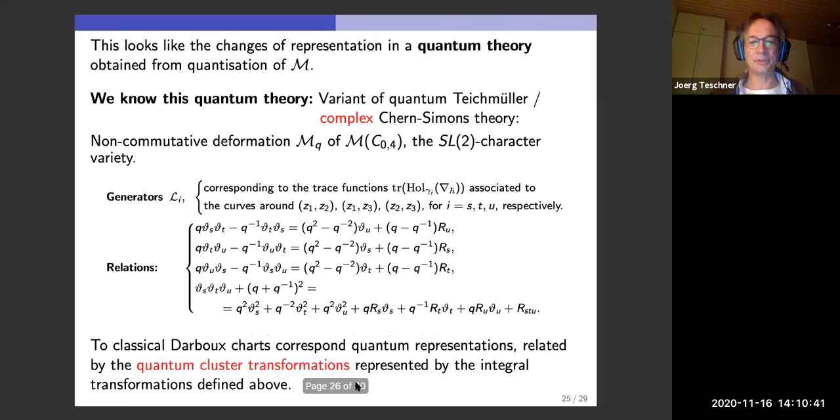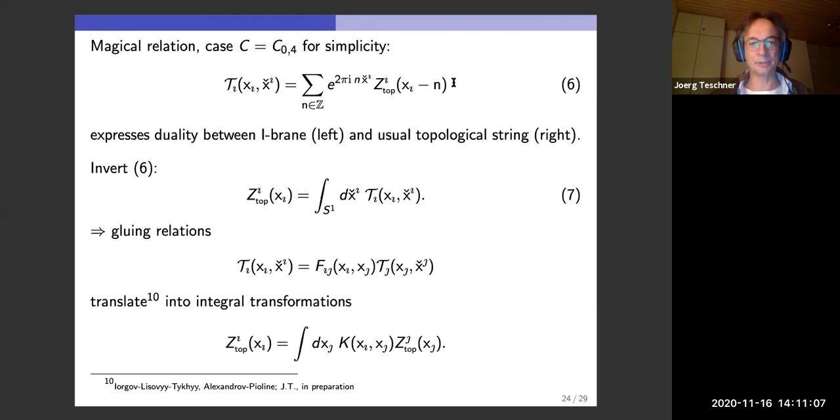What I'm saying is the ones that we define in this way happen, well, for a reason, to coincide with something that you can define from a completely different view in somewhat different terms by simply playing the game of quantizing this character variety, quantizing the Darboux charts, and then constructing the quantum cluster transformations. And the relation between these two is here this magic relation. So this is where the two things meet.